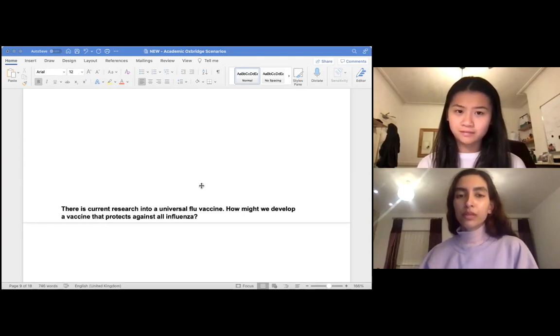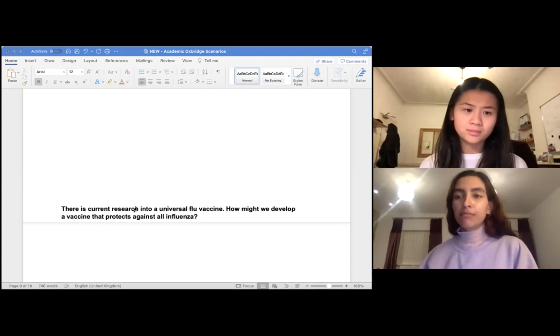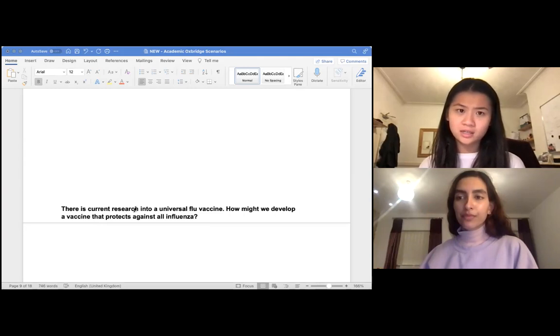But if we're going to have a vaccine that protects against all influenza, I suppose we'd have to make sure that that vaccine was able to target the genome and the antigens that were needed across all of the groups of influenza and possibly all the different mutations.